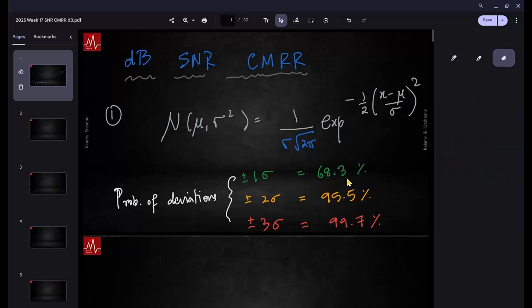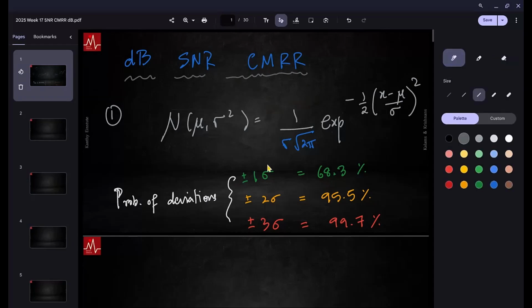We'll just clarify. 68.5 or 68.3? 0.3 is better, 68.5 is approximate.